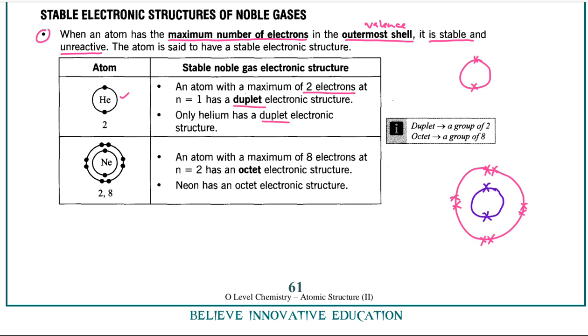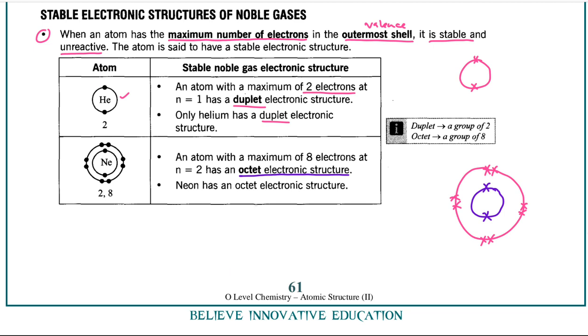For neon, an atom with a maximum of 8 electrons at the second shell, which is the last shell for neon, has an octet electronic structure. An octet electronic structure is also known as the octet configuration. It just means the maximum number of electrons in the outermost shell will be 8 electrons.